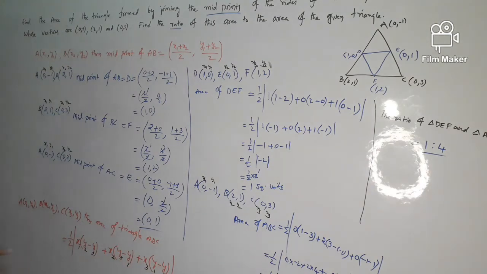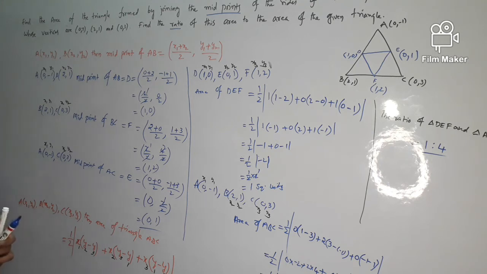Okay. Given, find the area of the triangle formed by joining the midpoints of the sides of the triangle whose vertices are 0, minus 1, 2, 1 and 0, 3. Find the ratio of this area to the area of the given triangle.